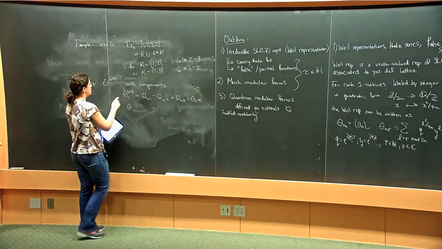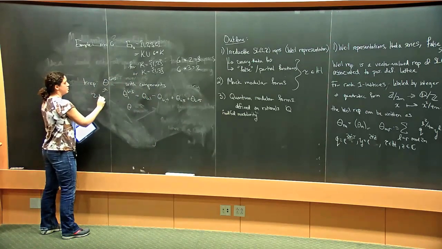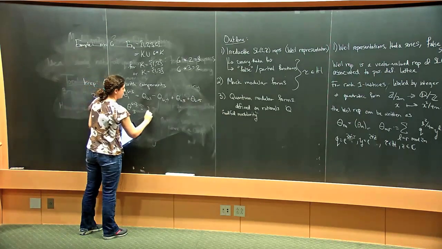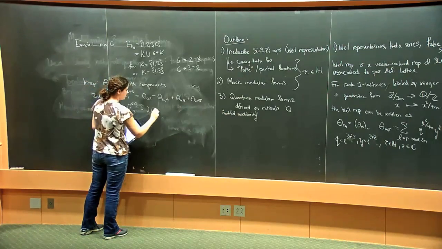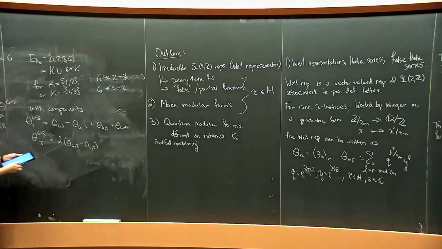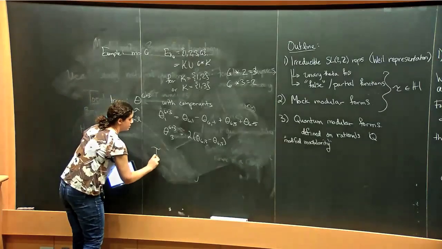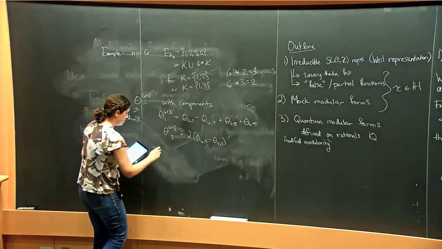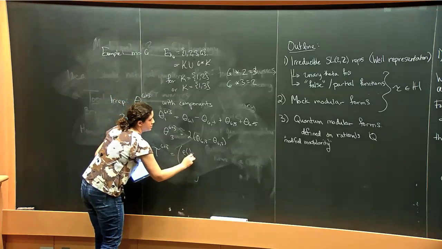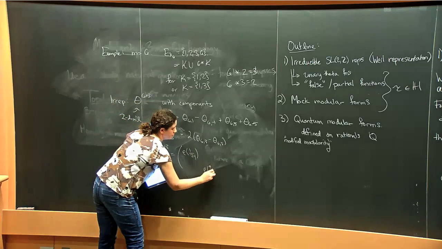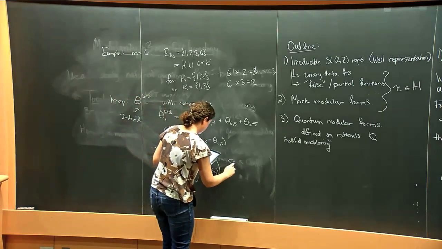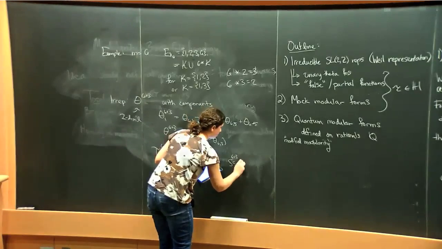So this thing is two-dimensional. And this two-dimensional representation has a T matrix given by this diagonal matrix and an S matrix given by this thing.